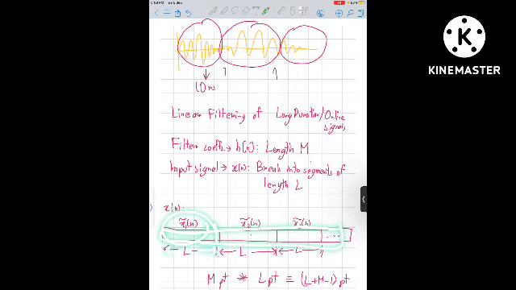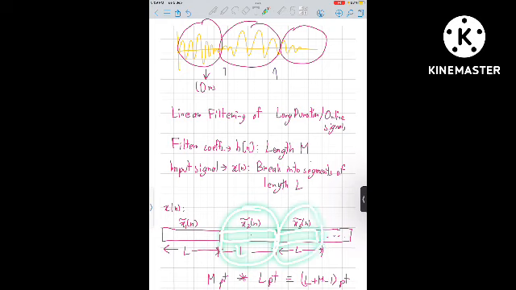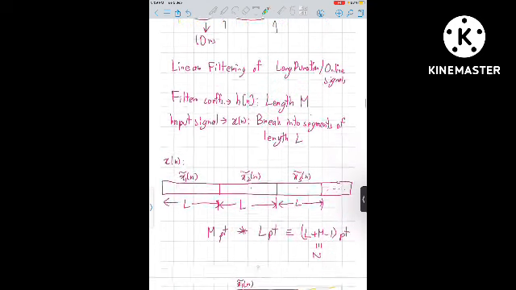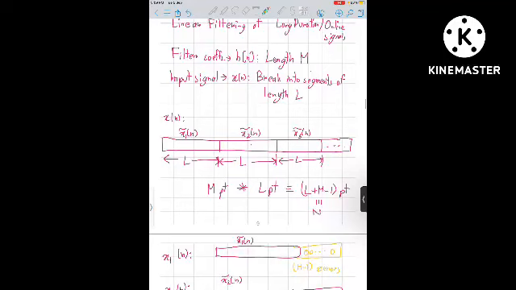We form this x1 of n by taking x1 tilde of n and appending zeros to it. How many zeros? We append M minus 1 zeros to it.